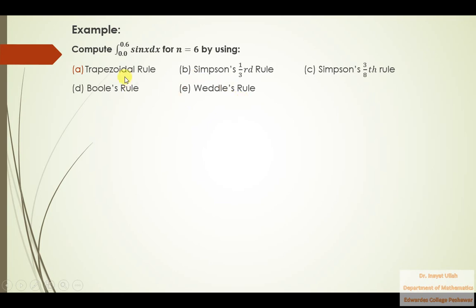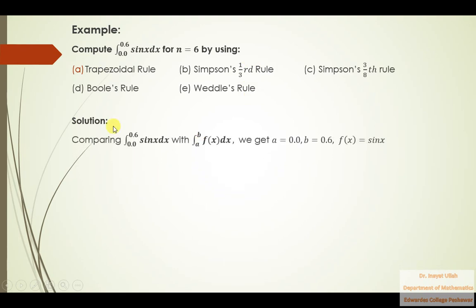So let's see how we could use those methods to find the approximate value of this definite integral when n is equal to 6. We have studied that there are 3 steps which are common in all those techniques, so the first 3 steps will be for all these 5 methods. The first step is to compare this integral with the integral from a to b of f of x with respect to x.